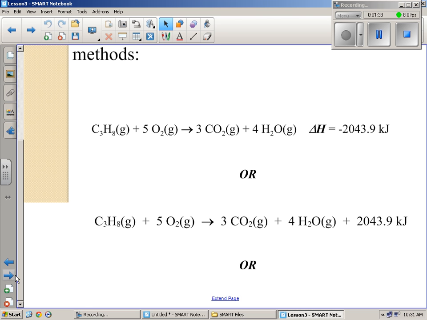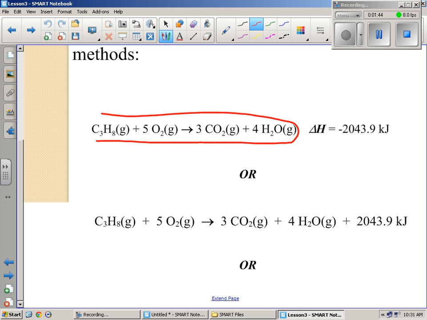Delta H. So here's a balanced chemical equation. I'm telling you right now that this is balanced. Balanced chemical equation for propane, combustion of propane. And we said it was negative 2043.9 kilojoules per mole of propane being burned. Okay? So in this case, I'm burning 1 mole, balanced chemical equation, I get 2043.9 kilojoules.